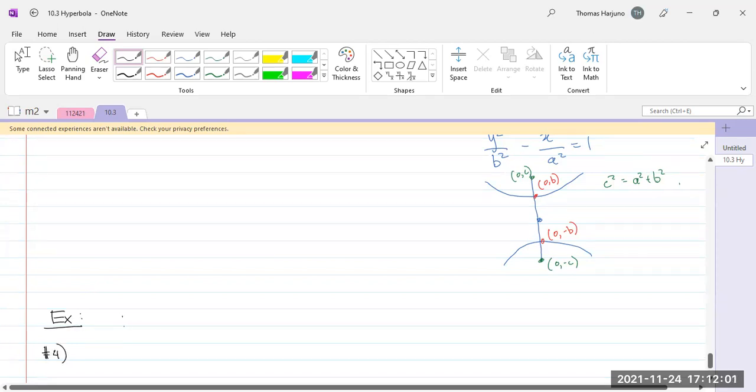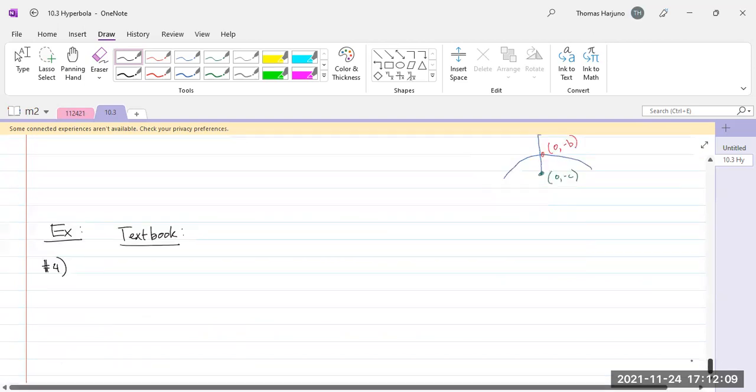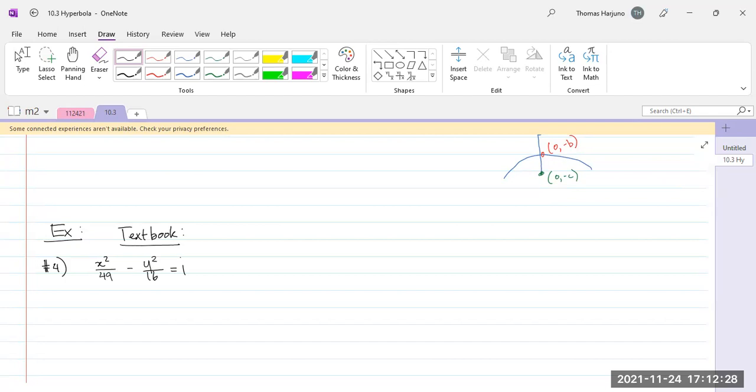What we will do is answer all possible problems from a given equation. So we have in number 4, x squared over 49 minus y squared over 16 equals 1. We need to find the center, the vertices, the foci, the equation of the asymptotes, and sketch.